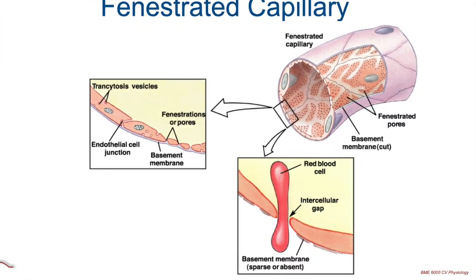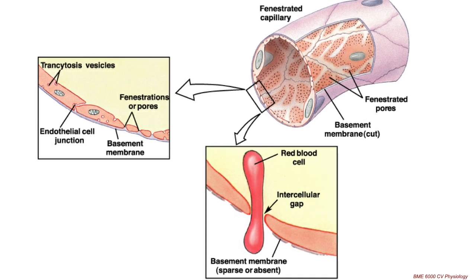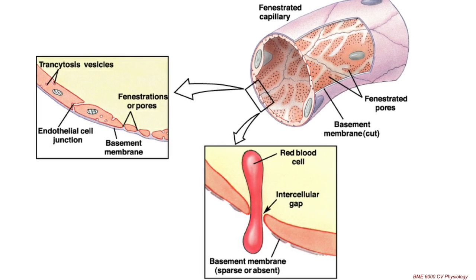Now in other parts of the body, other organ systems, we have what's called a fenestrated capillary. So here we have larger openings, these fenestrations or pores that exist between the individual endothelial cells, and they can be even large enough to let a red blood cell sort of squeeze its way through. They're on that sort of scale of 10 microns, something in that range, or sorry, not that big, sort of 1 micron, sometimes opening, so they can let things through.